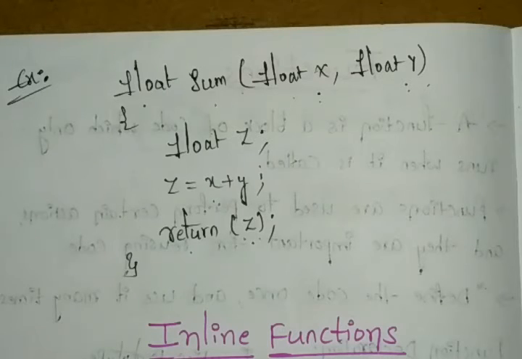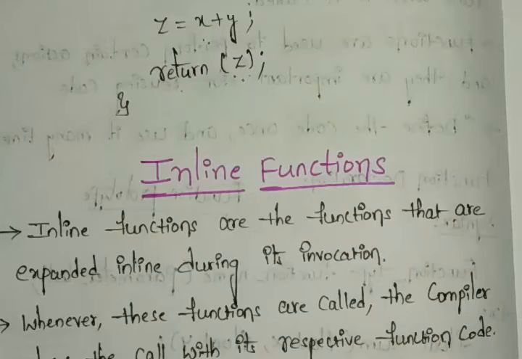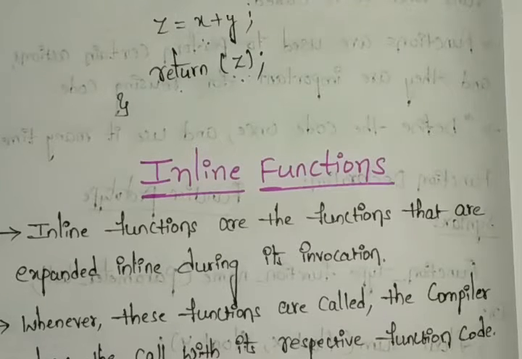And next we have the topic, that is inline functions. Here an inline function is nothing but whatever process you are doing can be done inside of the function. Inline functions are functions that are expanded inline during their invocation. So whenever you are performing the functions, those can be done in the form of inline functions.